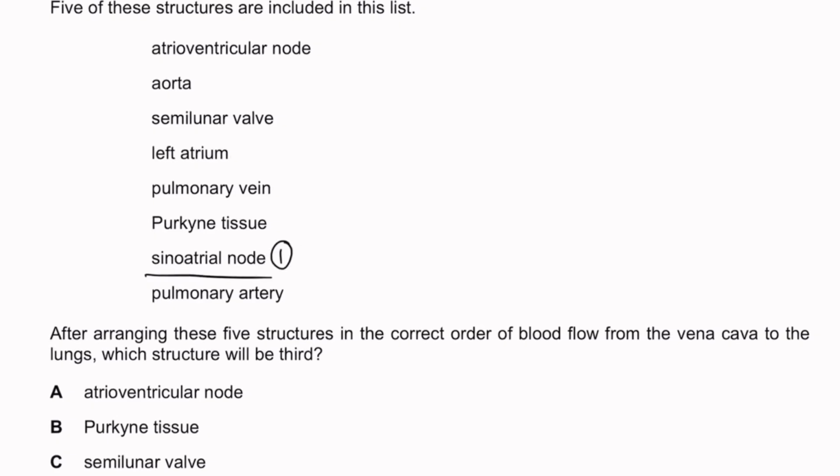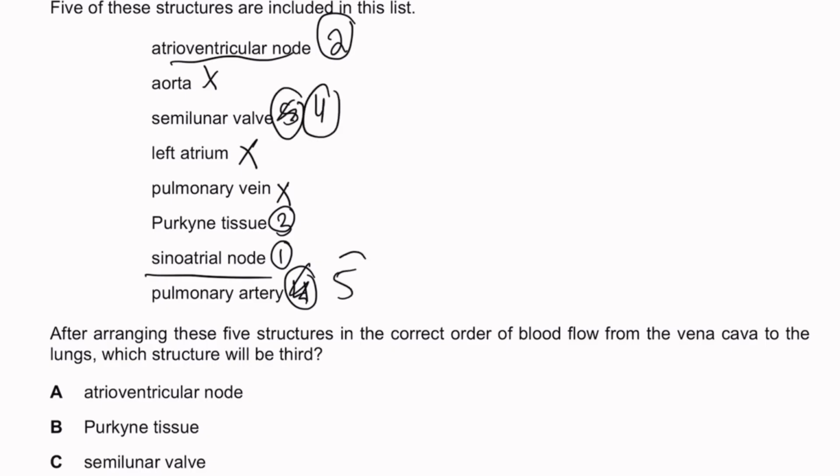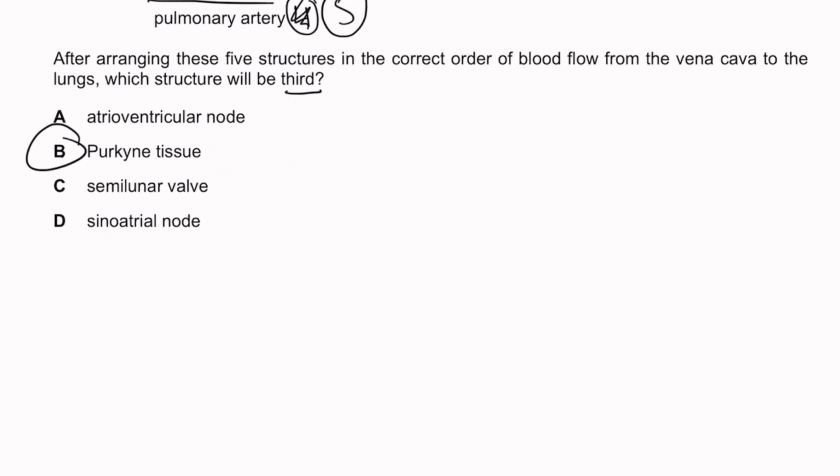And then since we don't have that, we're going to say the atrioventricular node is number 2. And then we're going to have not the semilunar valve, left atrium is wrong, aorta is wrong, pulmonary vein wrong, and basically pulmonary artery is correct, but we're going to first pass through the Purkinje tissue, and then we're going to pass through the pulmonary artery, but before we pass the pulmonary artery we have 4 and then 5. So which will be third? Number 3 is the Purkinje tissue, the answer is B.